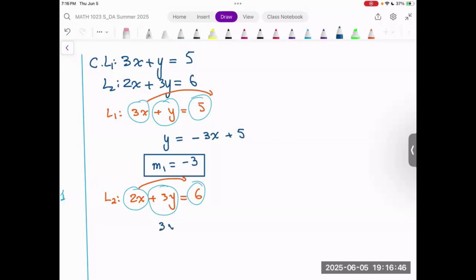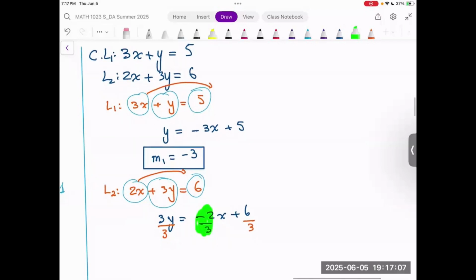Very good. So this is 3y equals minus 2x plus 6. What is the term next to the y? 3. Divide everything by 3. I am concerned only about this number over here, right? I don't care about the rest. That's going to be your M2. M2 is going to be negative 2/3.